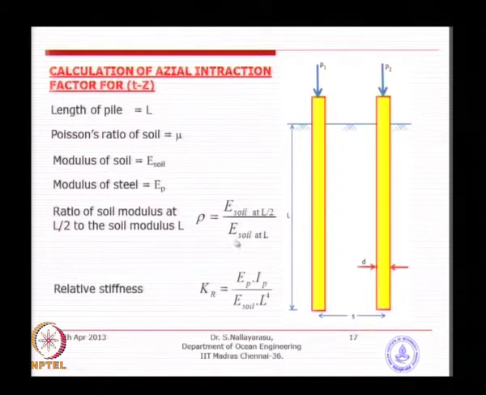So, Kr is a representative parameter for the pile and soil stiffness, and rho tells how the soil modulus varies along the length of the pile, typically taken as the ratio of the soil modulus at half depth to that at the pile toe.